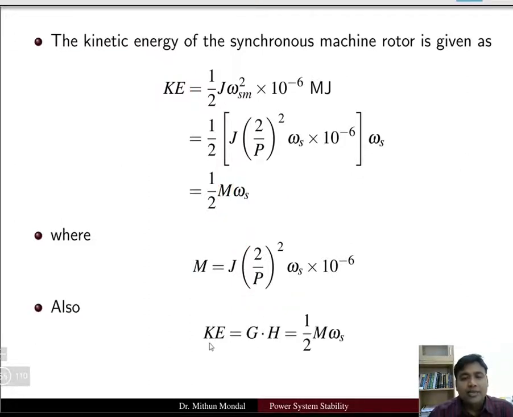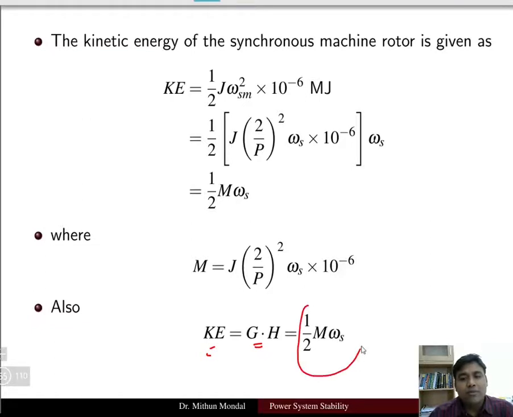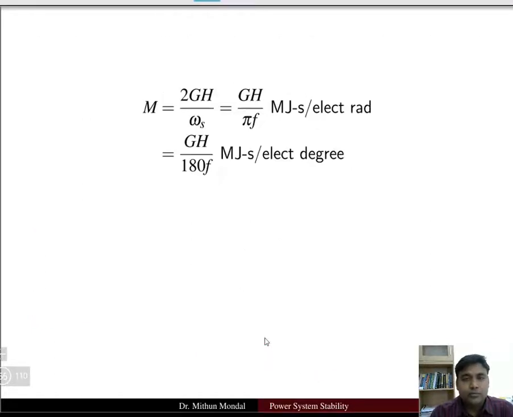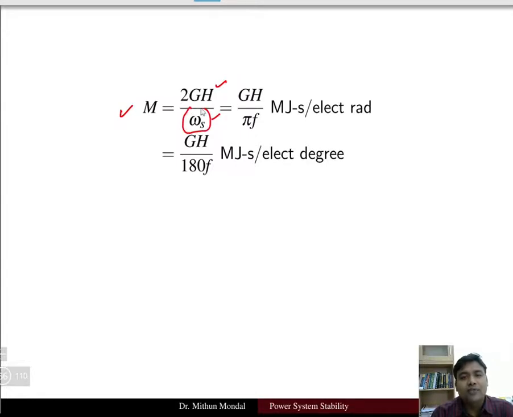Now the kinetic energy can also be written as the product of G into H, so it is equal to half M omega s. Then M can be obtained as 2GH by omega s. If we convert the radian per second into frequency, we get GH by pi f.